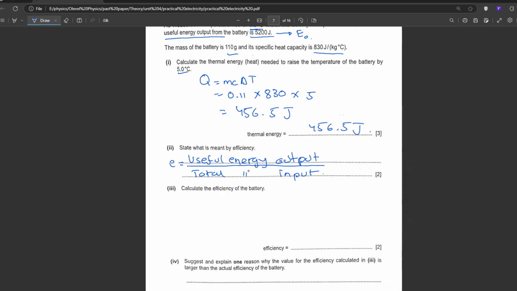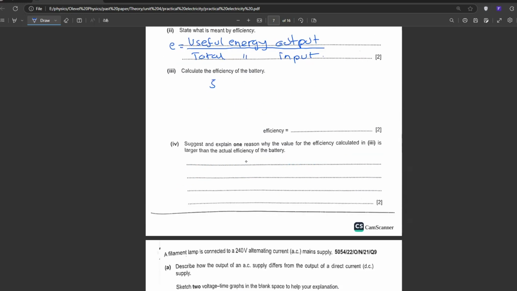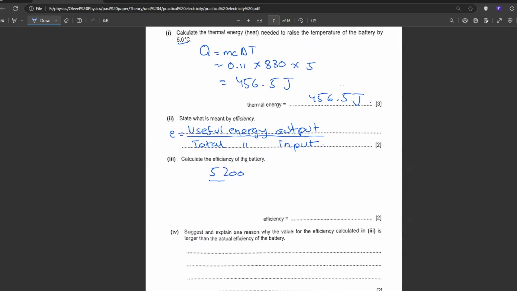Calculate the efficiency of the battery. How will we calculate the efficiency of the battery? Very easy. What is your useful energy output? It was already given in the question: 5200 joules. So in the numerator, you will write 5200 joules. What will be your denominator? Total energy input. So the thermal energy plus this energy will be the total energy.